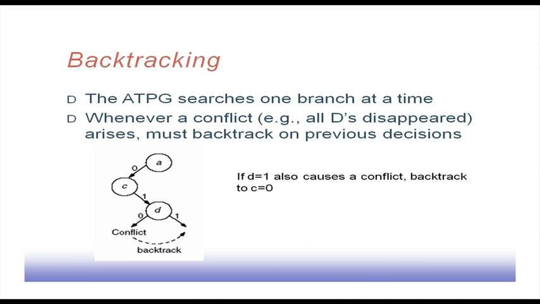So this particular path is not going to lead to any test pattern. We do a backtracking and come back here. Now, if we find that D equal to 1 also creates a problem, then there is also a conflict, and we will try to explore the path that comes from here with C equal to 0. In this way, backtracking and branch and bound are going to help us in generating the test pattern set.